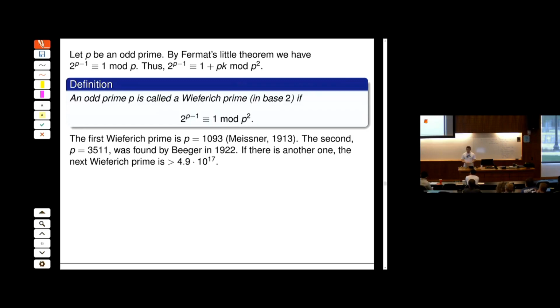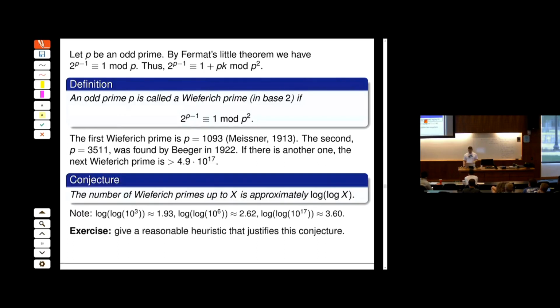Meissner found the first Wieferich prime, and the second one was found in 1922, and we haven't seen any other ever since. There is a computational bound that up to 4.9 times 10 to the 17, there are no Wieferich primes. So if you are going to find one, it's larger than that.